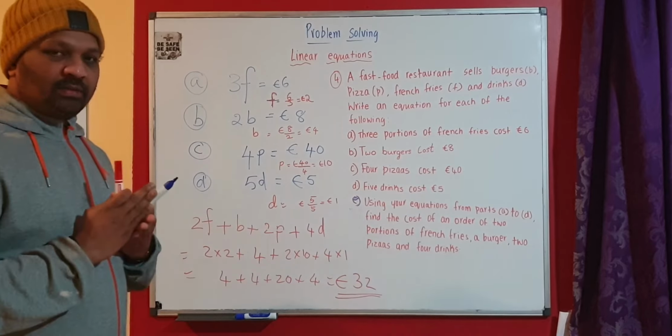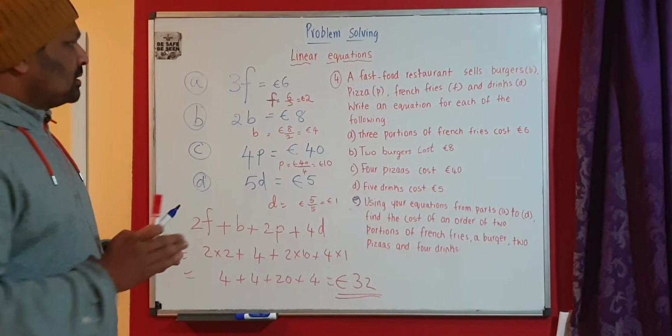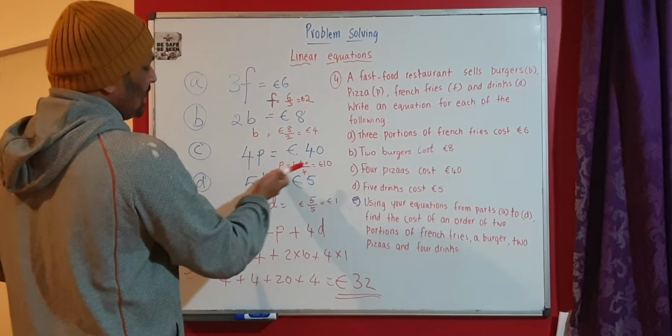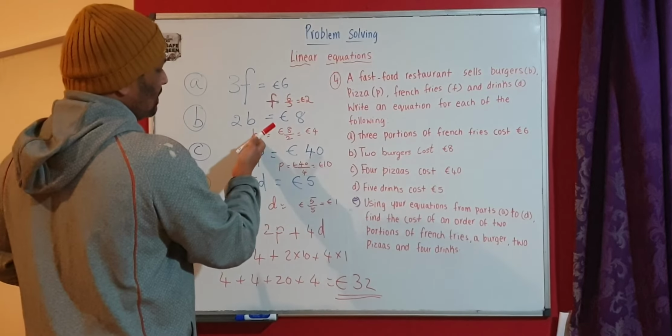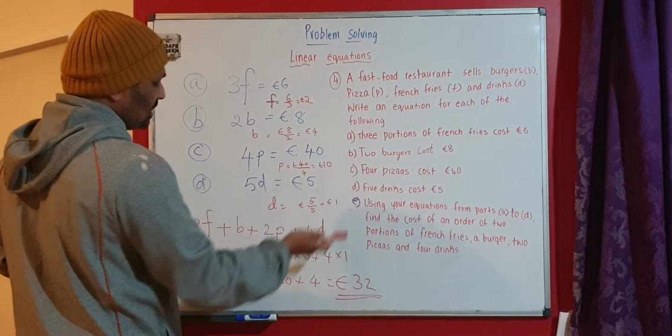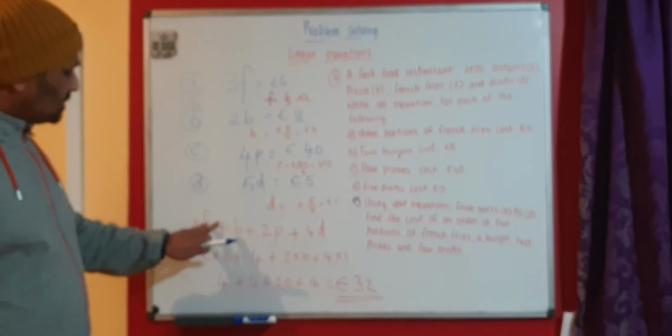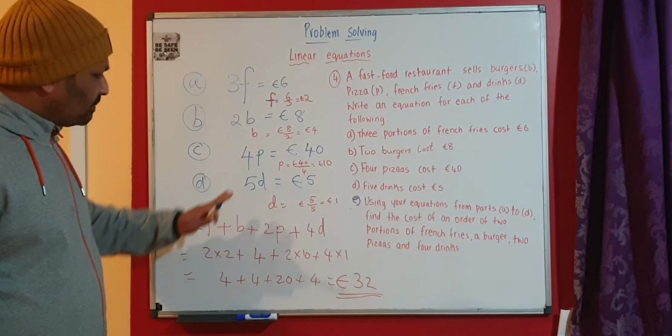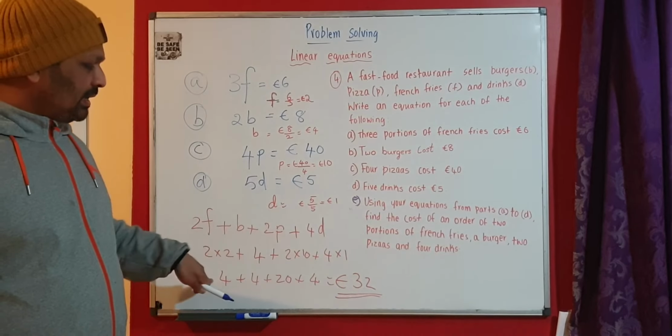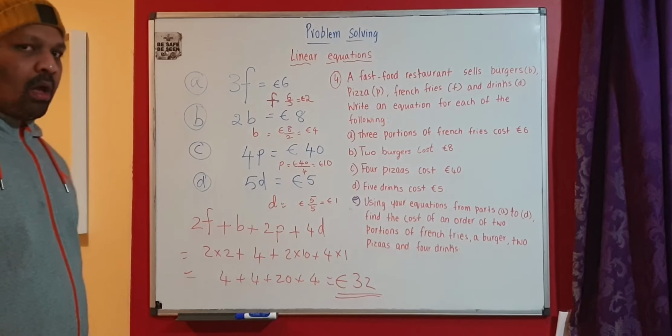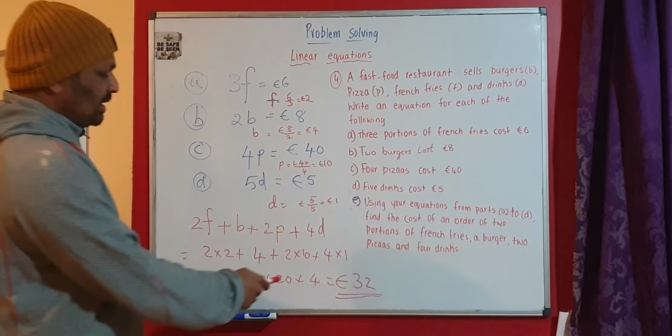Once you establish an equation, it's easy to solve for the unknown value. So I have everything handy, like the value of french fries, burger, pizza, drinks. I have another equation at the end which has these variables in it. So I replaced those variables with the values and I calculated the total order value. Okay, so the order value is 32.